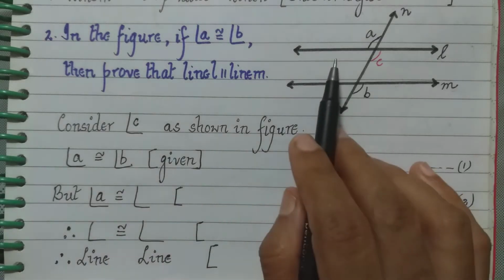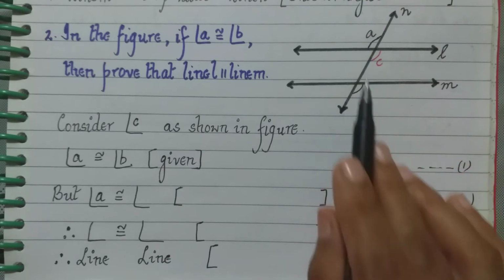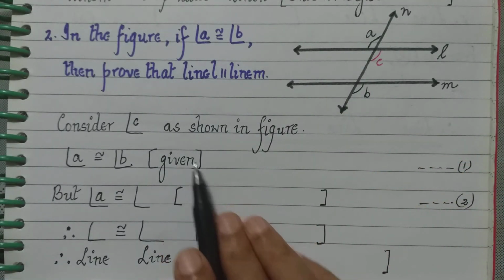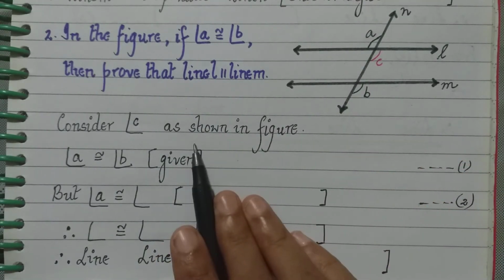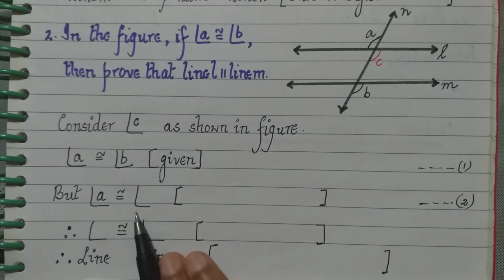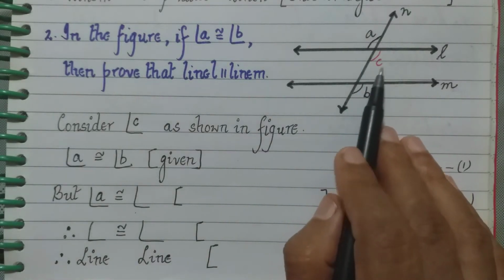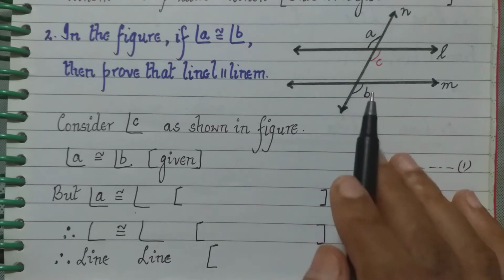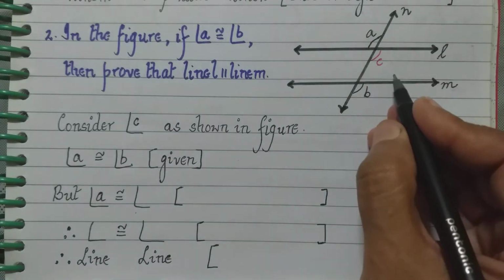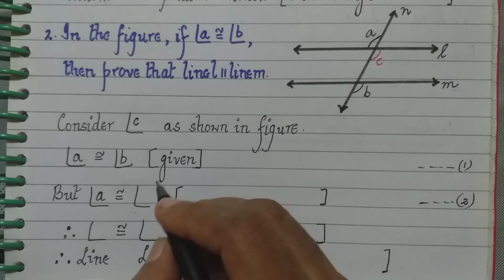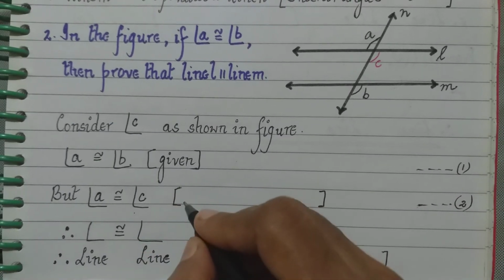Now since I have considered it, I am writing: consider angle C as shown in the figure. Now what is given to us? They have already given that angle A is congruent to angle B. But angle A will also be congruent to angle C. Why? Because angle C is exactly opposite to it. So what is the reason?